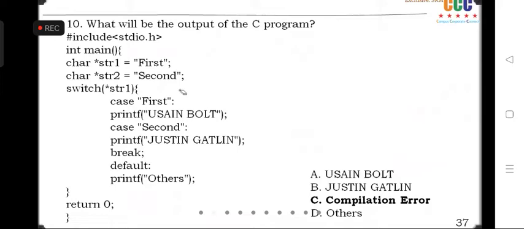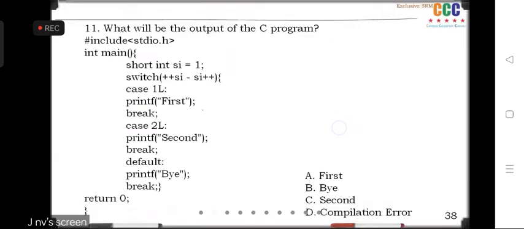He posted due to the string in the case. Excellent. So I already told you that string constants are not allowed here. How can you get this? It is not possible. So it is a compilation error. Very simple. You are missing the basics there. Look at this very carefully. Yeah, Mohit, you have to be very cautious about what you are doing and what you are handling.